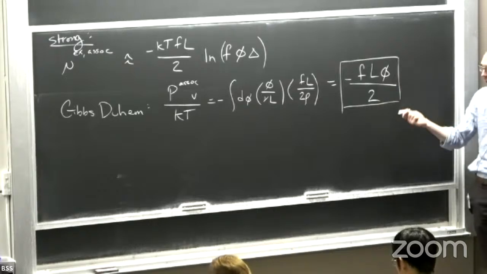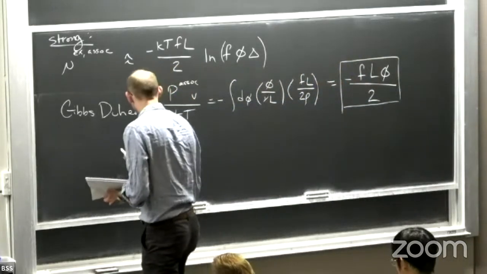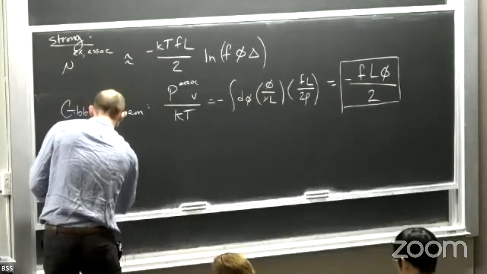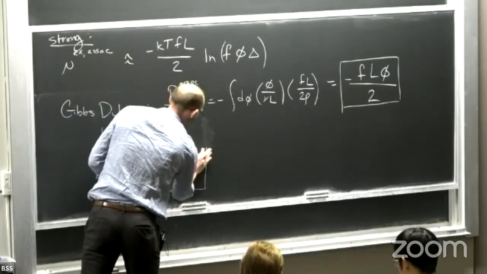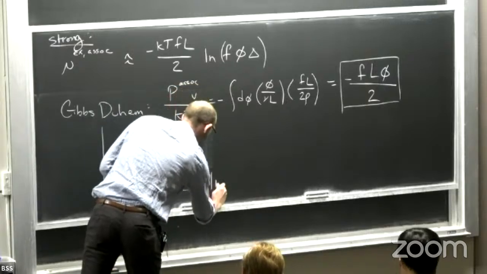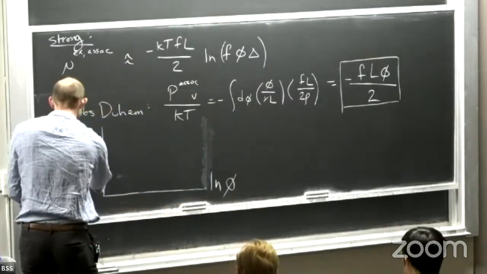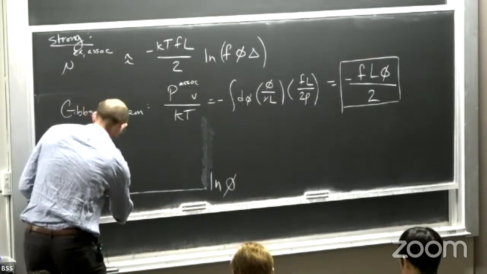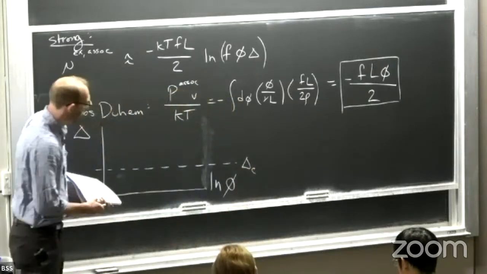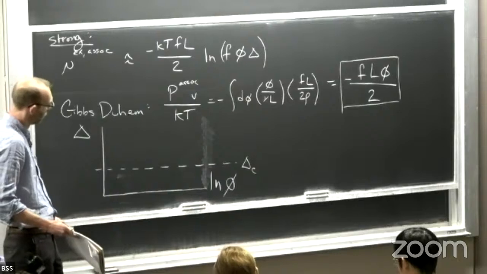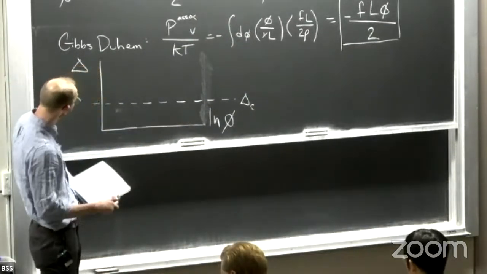You've basically formed all the bonds you can make, and so if we make a little plot, there's going to be some critical value of our association parameter.